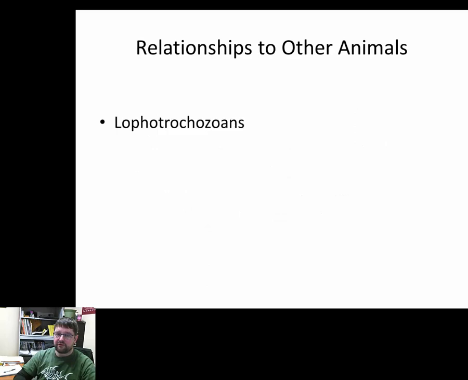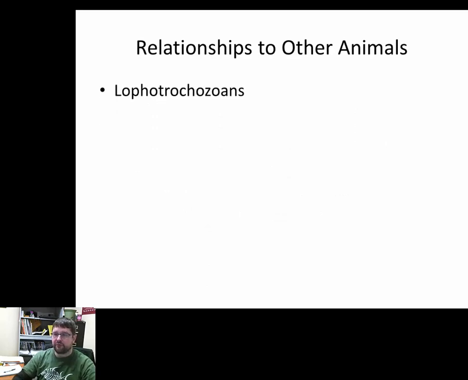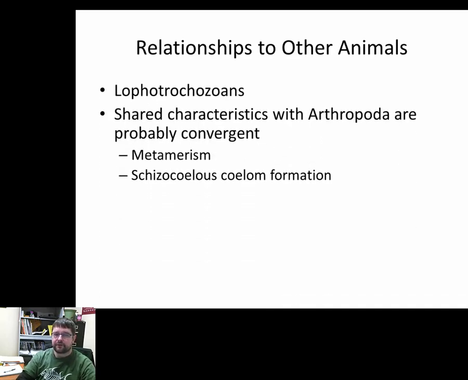So how are they related? Again, they're lophotrochozoans. Now, we start to see quite a few features in annelids that we'll see again in arthropoda, the insects. But most of the features that we see in annelids and insects that are similar are probably through convergent evolution.